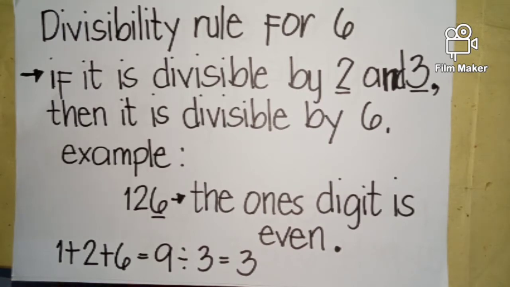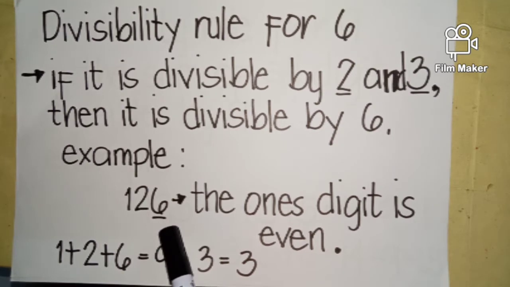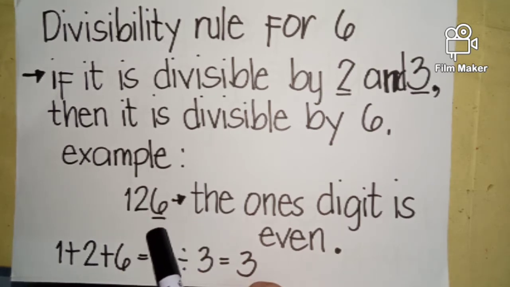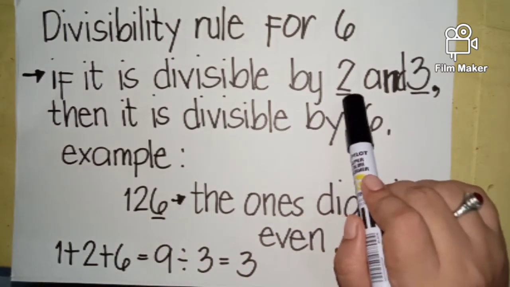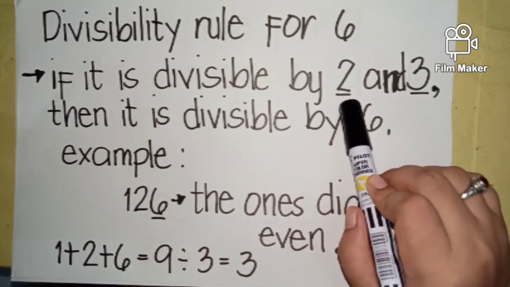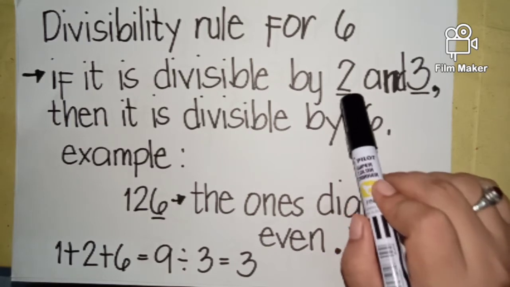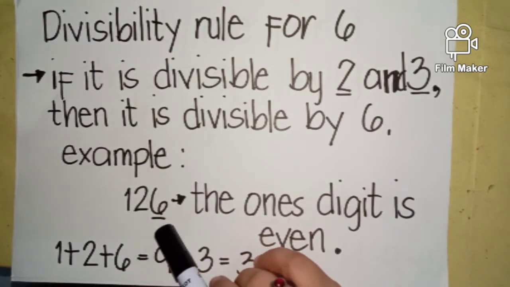Example, 126. For 126, the last digit is an even number, right? 6 is an even number. So therefore, it qualifies as divisible by 2. The rule for divisibility by 2 is that the number ends with an even number, and 126 ends with an even number.